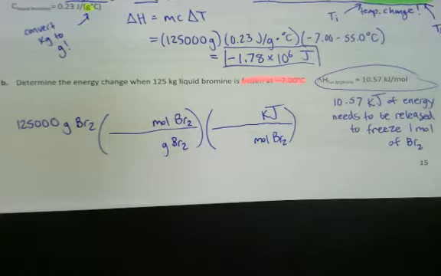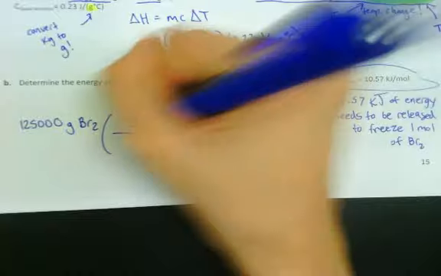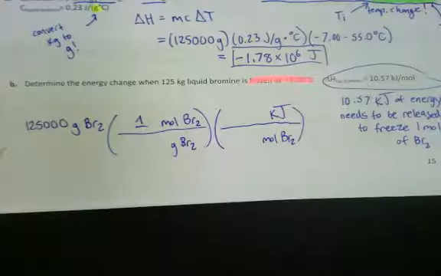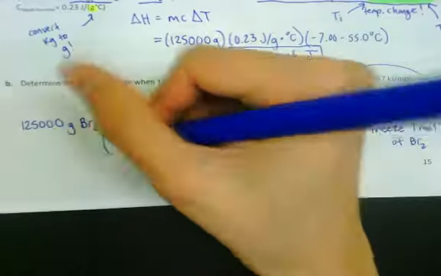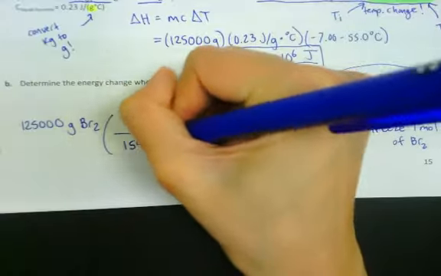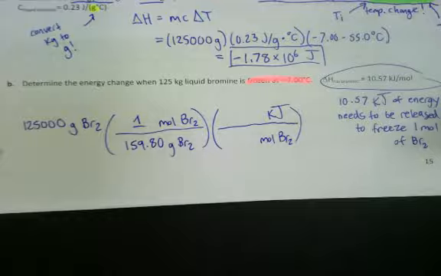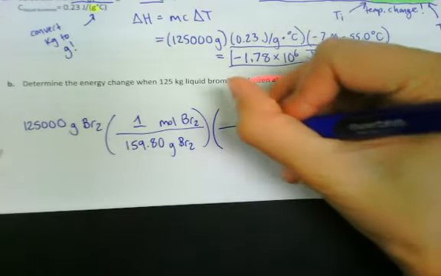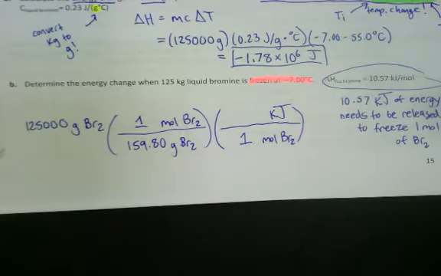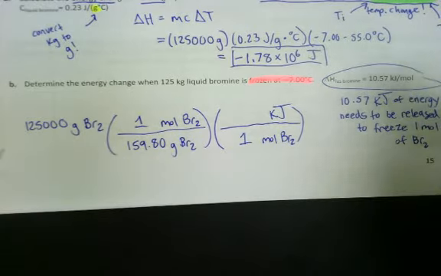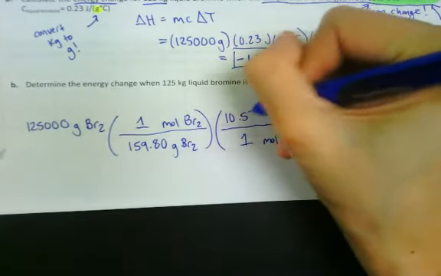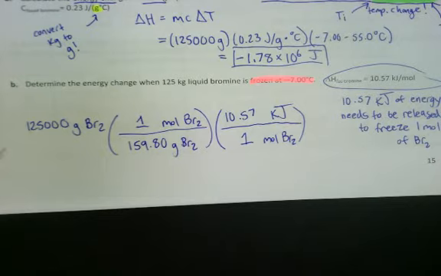So how many grams are in 1 mole of bromine, y'all? You're going to have to use your periodic table for that. 159.8 grams in 1 mole of bromine. And then we know that for every 1 mole of bromine, you have to release this much energy to freeze that mole.